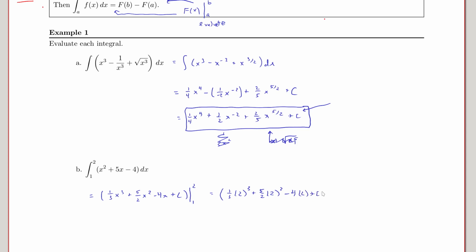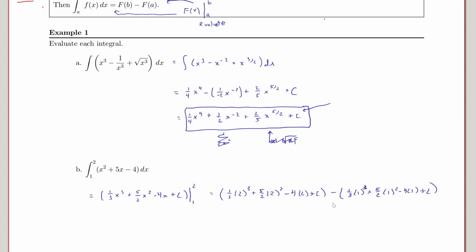Then we have plus c, minus, and then we evaluate at the lower limit. Oh, that's a 3. So we have 1/3 times 1 cubed plus 5 halves times 1 squared minus 4 times 1 plus c.